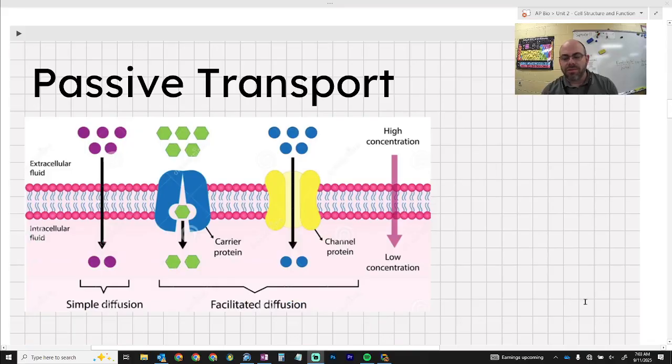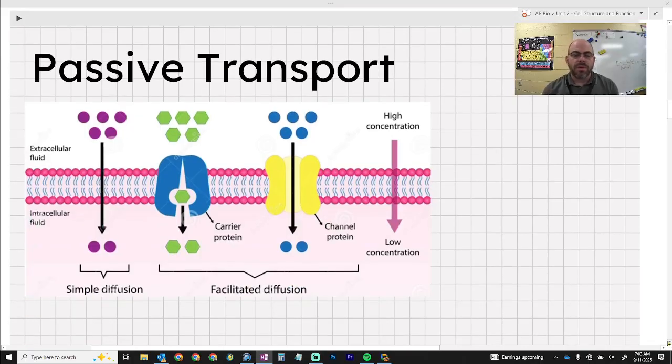First one is passive transport. Passive transport requires no energy. I alluded a little bit to this idea of transport in the last video, 2.4, but here we're going to really deal with it. With passive transport, there is no input of energy necessary. The illustration of the perfume going throughout the room just a few seconds ago required no energy.